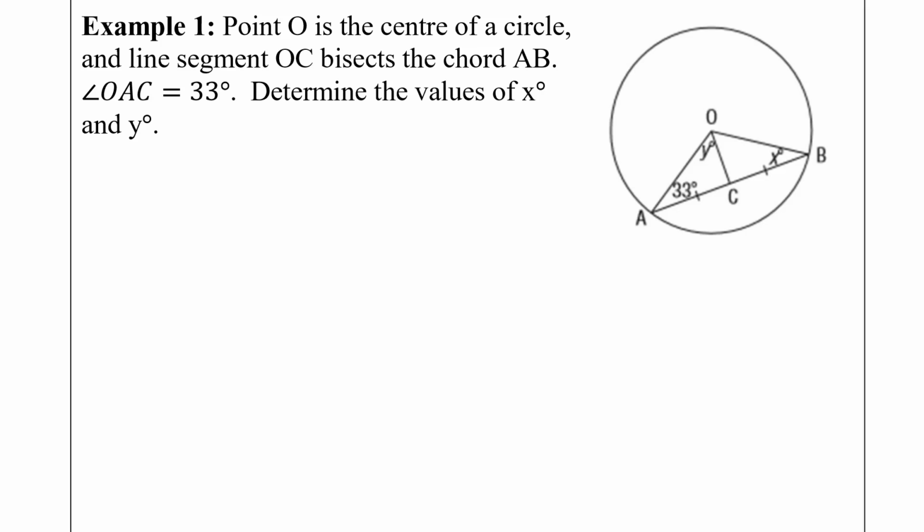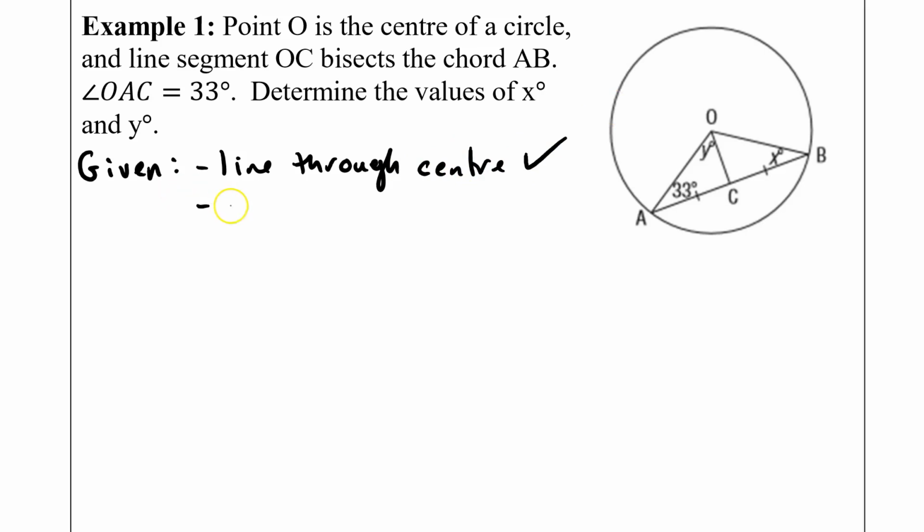So let's see what we have. In math we call this given. So we're given line through center. And we're given bisected chord.